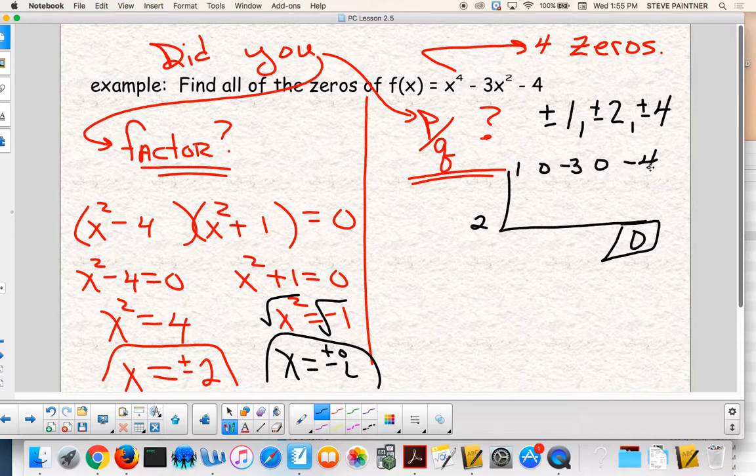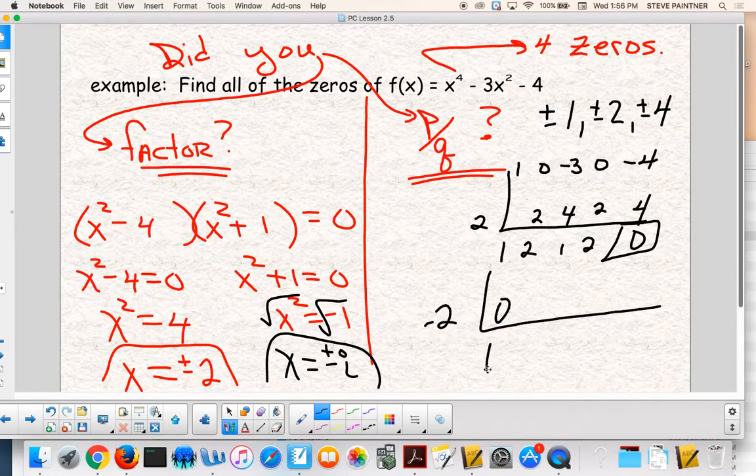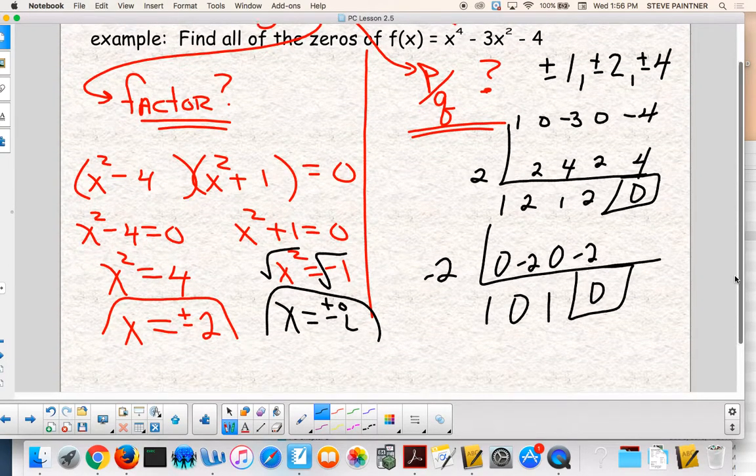I can do this fairly quickly for you. This is 4, this is 1, this is 2, this is 2, this is 4. So that works. I also know negative 2 works because I can cheat now. I see it. Put a 0 here, I get 1, multiply, add, I get 0, multiply, 0, 1, multiply, negative 2. It works.